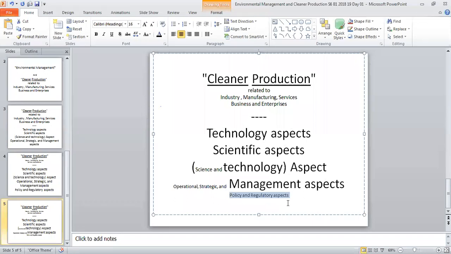There are processes, and they are using energy and resources, and there are waste emissions. Even food is an industry. In food processing and food manufacturing, there are resource and energy inputs, and as the output you will get the food products. Other than the outputs, there may be wastes and emissions.